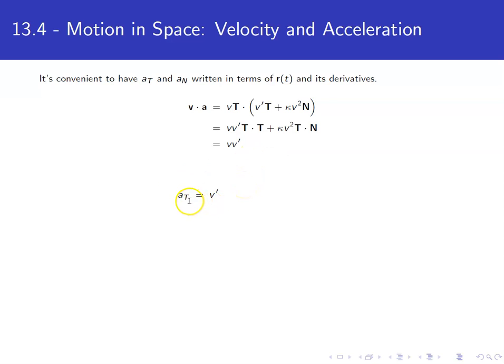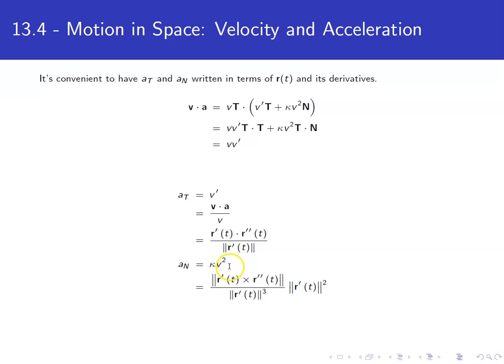We know that the tangential component of acceleration is just v prime, so we can solve for v prime, and we get v dot a over v for the tangential component of acceleration, which we can write in terms of r and its derivatives as r prime dot r double prime over the magnitude of r prime. For the normal component, we know it's curvature times v squared.